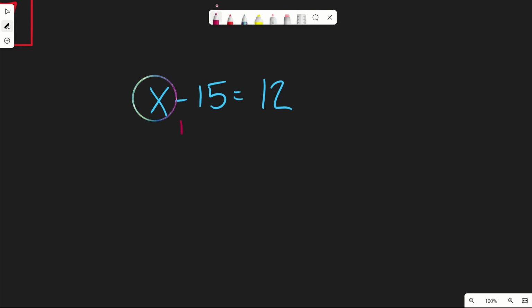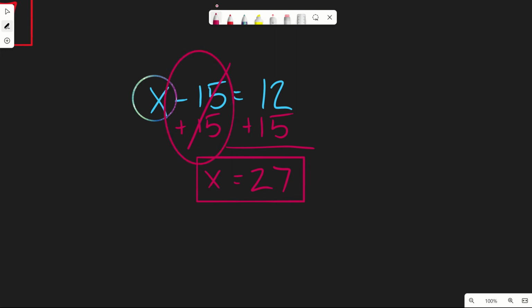The opposite of subtraction is addition. I'm going to plus 15 to cancel that out. If I do something to one side, I'm going to come over here and do the same thing. This is going to be 27 equals x. And there will be my math problem. Do the opposite. Do the same thing on my other side. Get my answer.